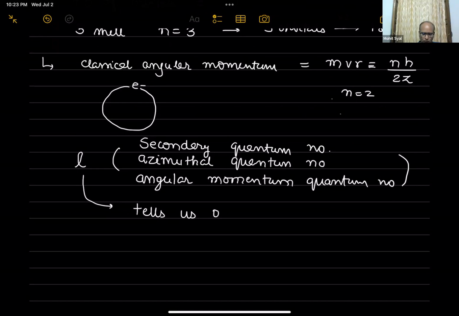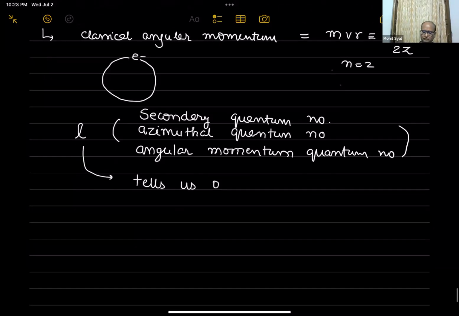Now that is not true. Within the shell, there are subshells present.